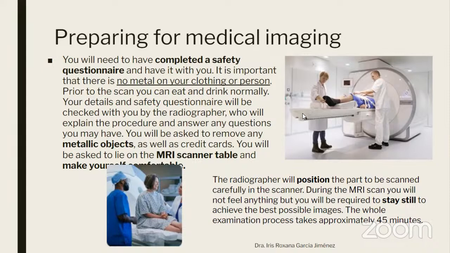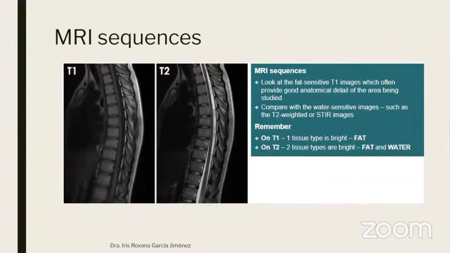Again, during the test, if we need to evaluate something in the thorax, the technician will ask you to take a deep breath and then keep still. Well, the sequences are extra information for catching the vocabulary, the proper one. But here you've got T1 and T2.